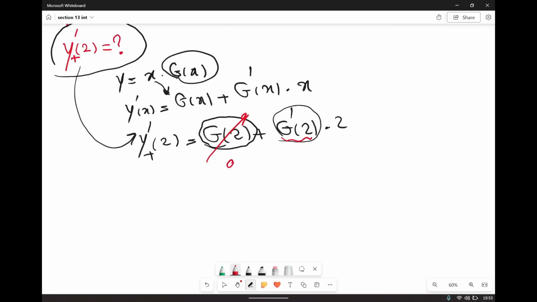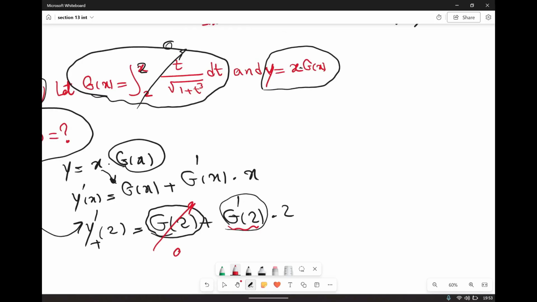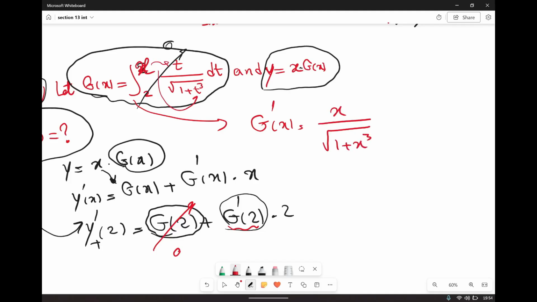What about g prime of 2? I need to calculate g prime at the first. G prime of x is exactly, don't forget it, we must put at the first in here x divided by radical 1 plus x power 3 times the derivative of x with respect to x, which is 1, and it is x over radical 1 plus x power 3.